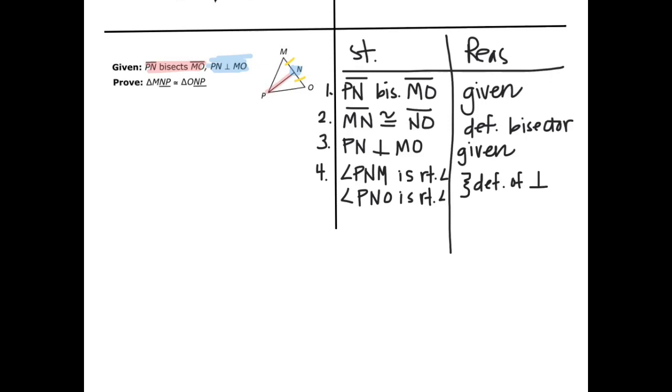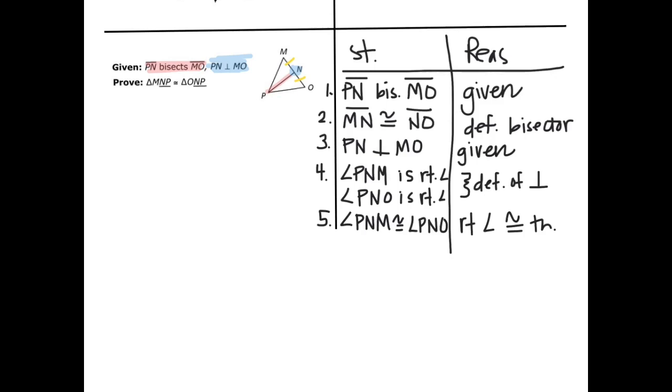A shortcut to being able to say that they're congruent to each other is to say that angle PNM is congruent to angle PNO because of the right angle congruence theorem. And all that theorem says in a nutshell is that any right angle is congruent to another right angle without having to get into its actual measurement and transfer to measurement and back again to congruence. So it's a really helpful one.